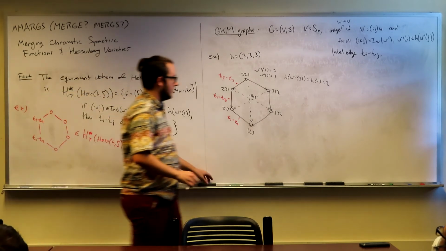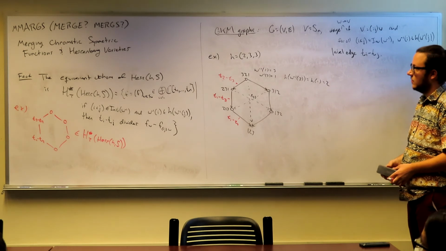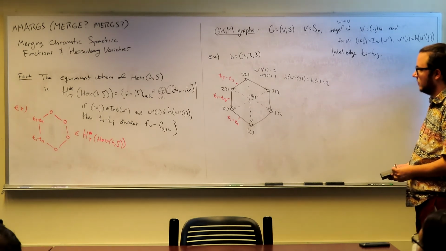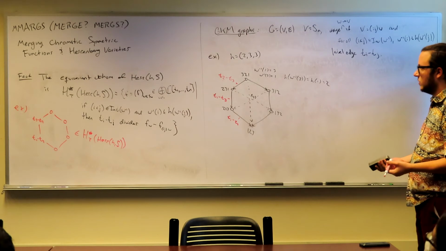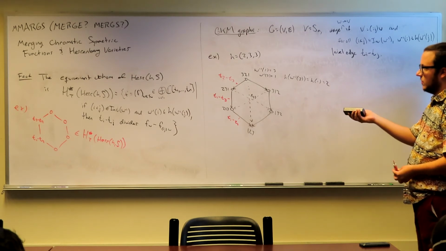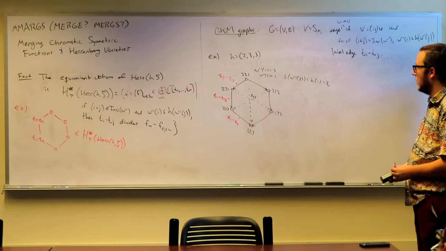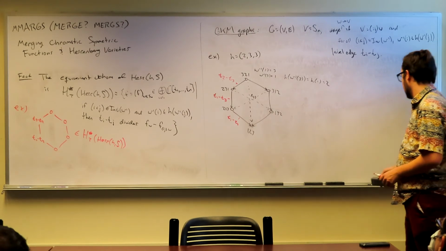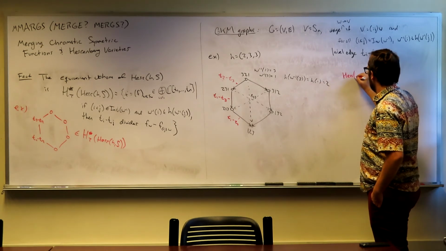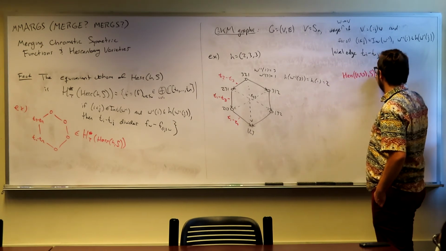Is there any description for the Hessenberg variety in this case? Well, it's a subvariety of the flag variety, but it's going to really depend on what your h and S are. In this case, h is 2, 3, 3, and S is some matrix.